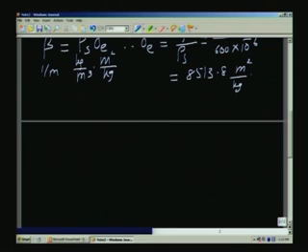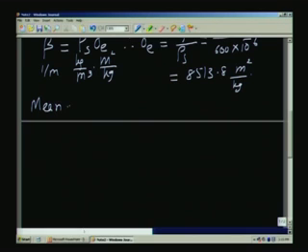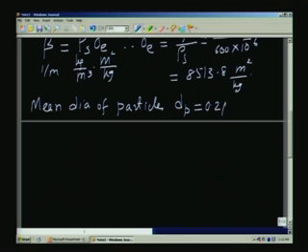So, we now will look at the mean diameter given of the smoke particles. I will call it dP. It is 0.2 micrometers. So, 0.2 micrometer.